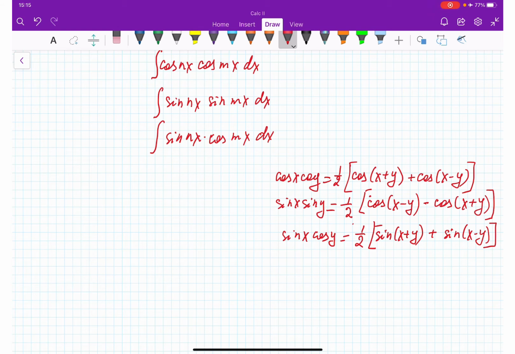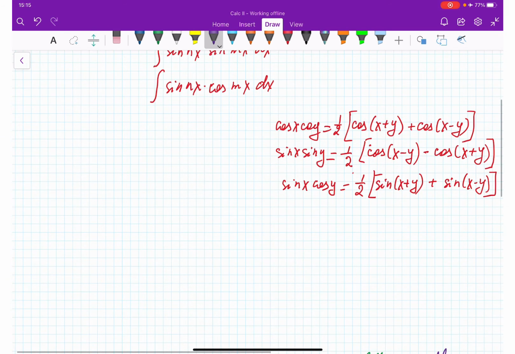Okay, so the first example is the integral of cosine 5x cosine 3x dx.